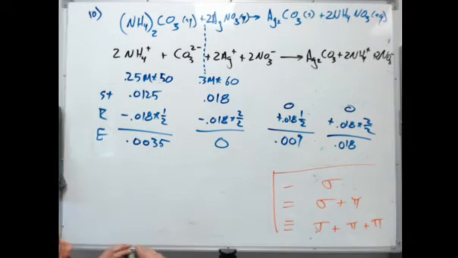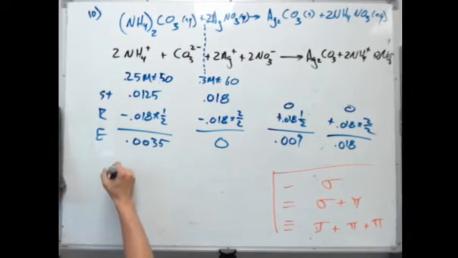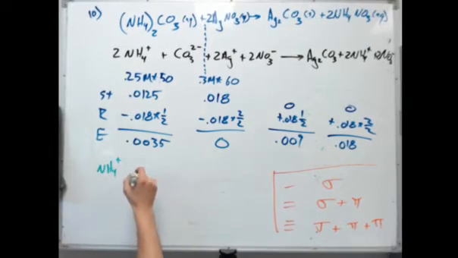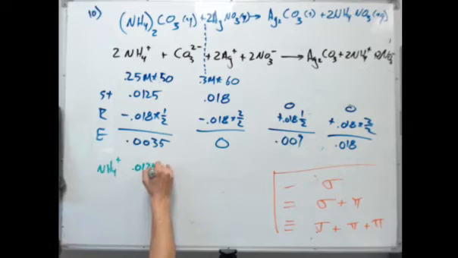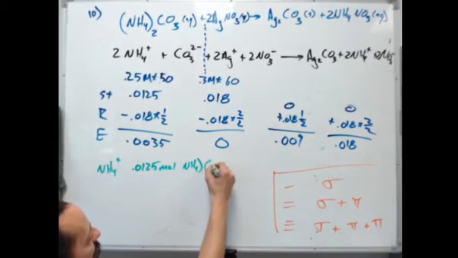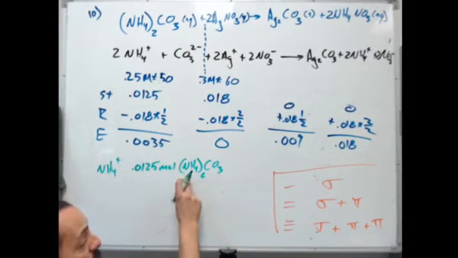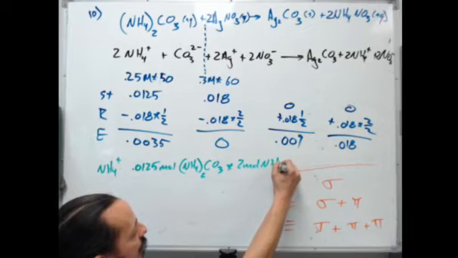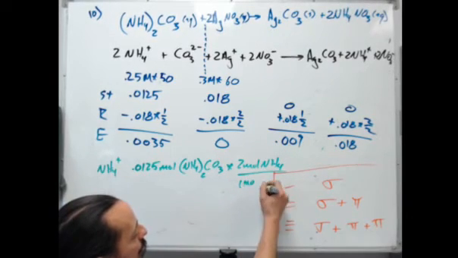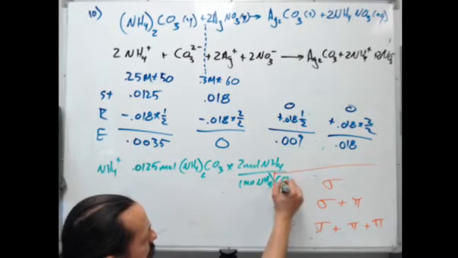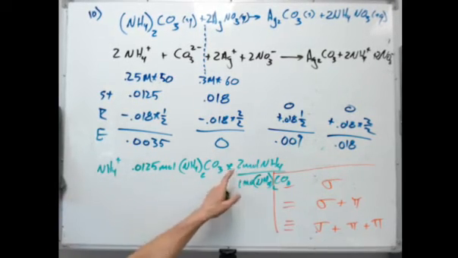So when I look at my amount of NH4 plus, I'm going to have 0.0125 moles of (NH4)2CO3, and I've got a 2 there, and I'm going to have 2 moles NH4 for every 1 mole (NH4)2CO3. So I forgot that factor of 2. Don't forget your factors of 2.